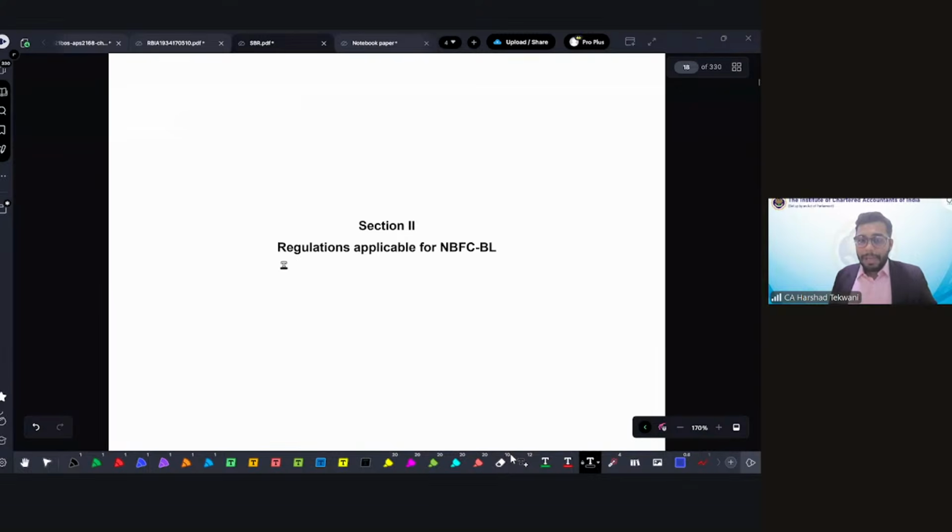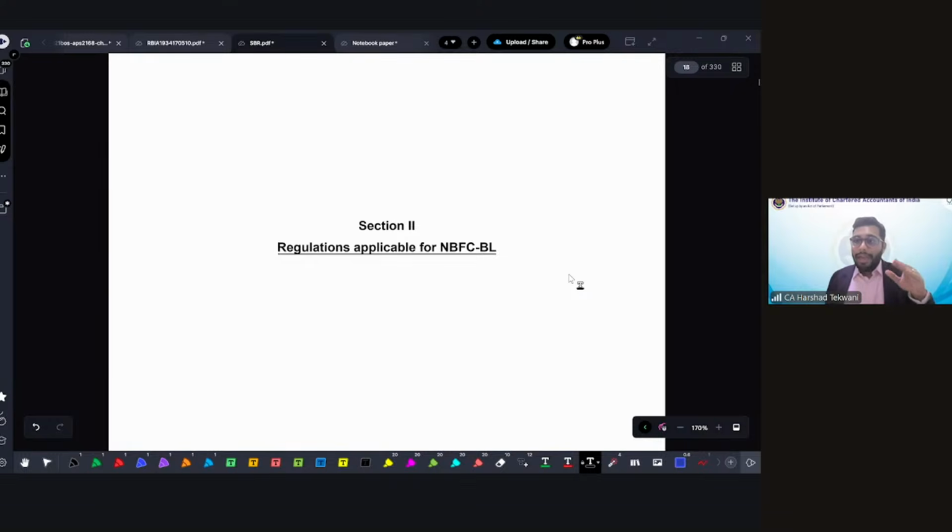So, for example, section 2 of these directions specifies the regulations which are applicable to the base layer. Similarly, we have section 3 which specifies regulations applicable to the middle layer. So if your NBFC falls under a particular layer, then that regulation will be applicable, not the entire set.